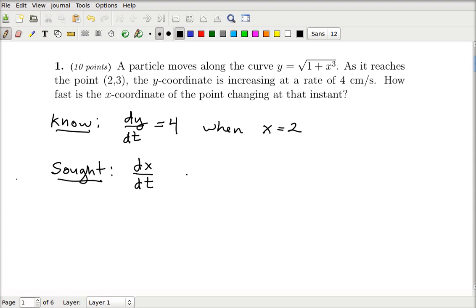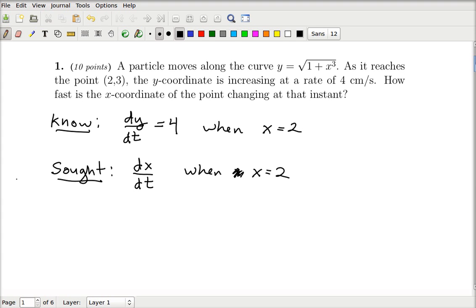All we care about is the value of that function when x is equal to 2. So it is going to be the case when x is equal to 2, but this "when" thing is a little bit misleading because it's talking about time, right? But don't worry, that's not going to matter. We're just going to plug in x equals 2.